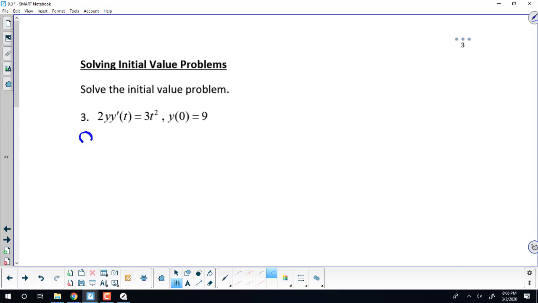So we have the antiderivative of 2y, y prime. Again, we're integrating with respect to t, sorry, not x. Integrating with respect to our variable t. Okay, and that's equal to the antiderivative of 3t squared dt.